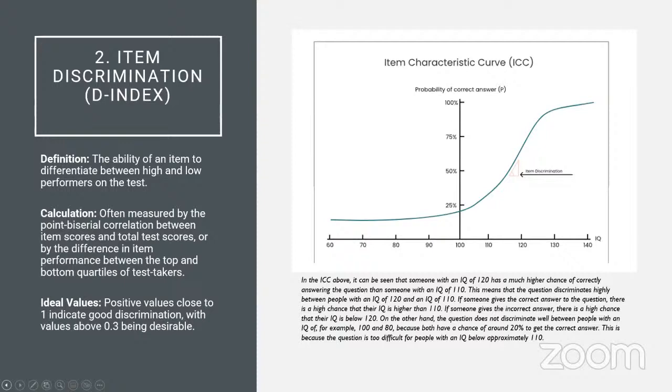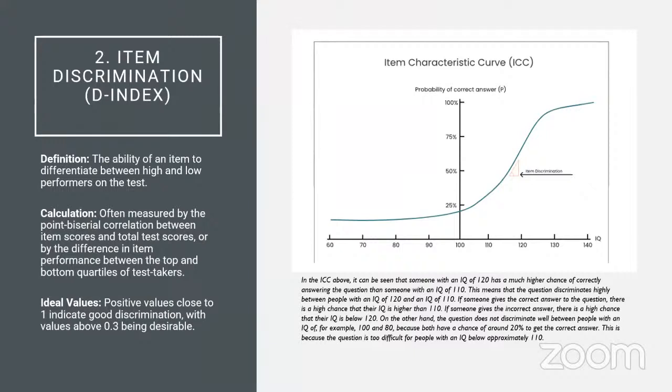So in this manner, you can study it, either by the point biserial or by the difference in item performance. Ideal values are positive values close to 1, which indicate good discrimination, with values above 0.3 being desirable. So that indicates item discrimination.